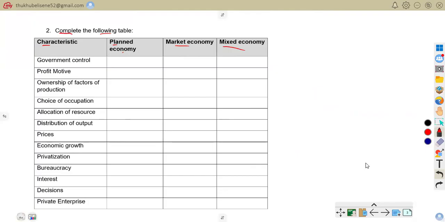So this is what we are going to answer, the characteristics table: planned versus market versus mixed economy.